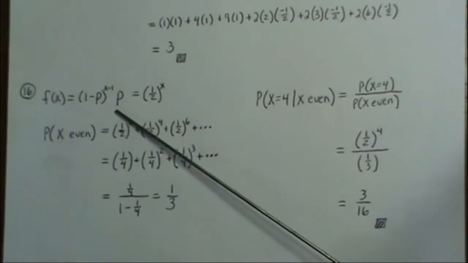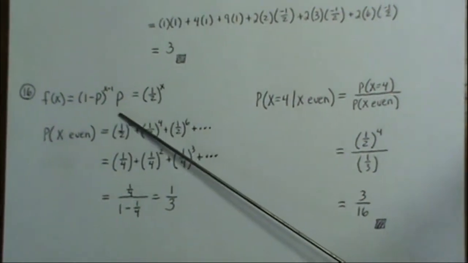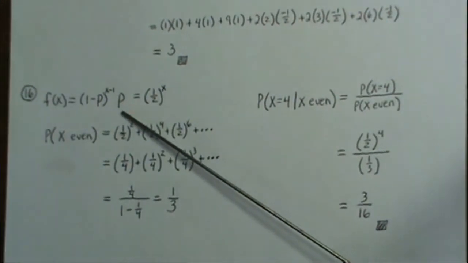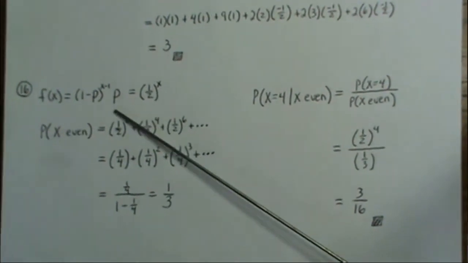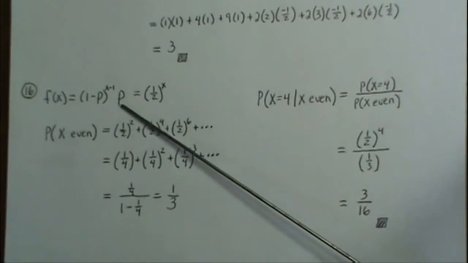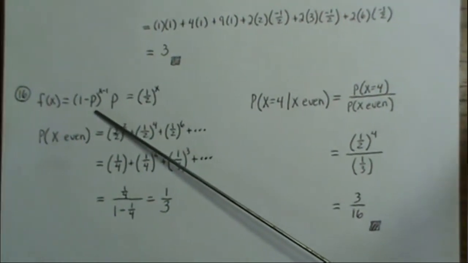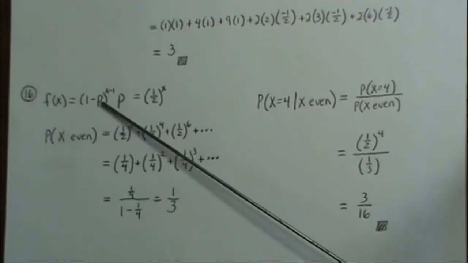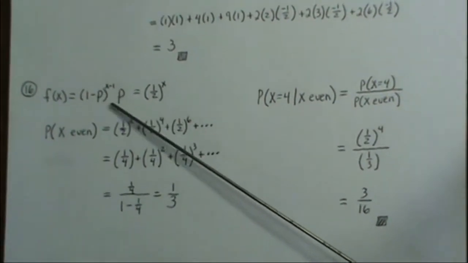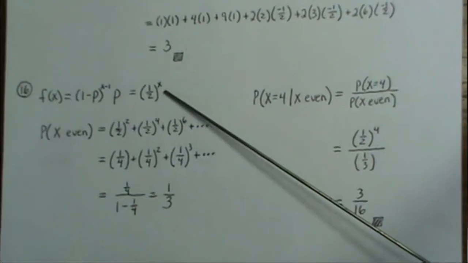So this is our density of a geometric, or tossing until a head appears. The last one's a head, and then all the previous are tails. Well, in this case, since the probability is 1/2, those combine to 1/2 to the x.